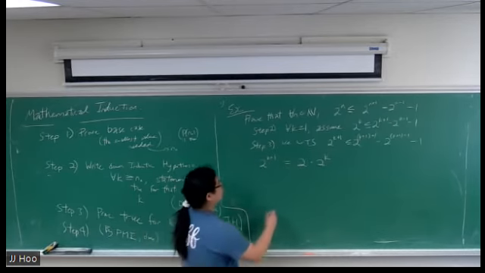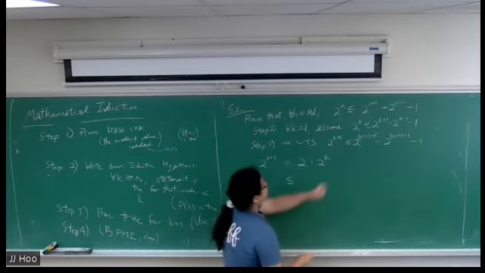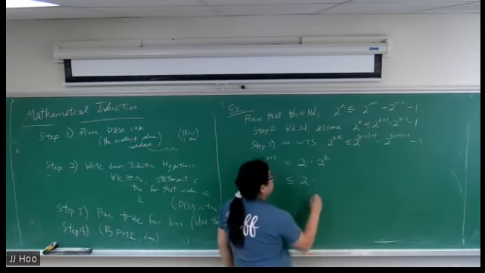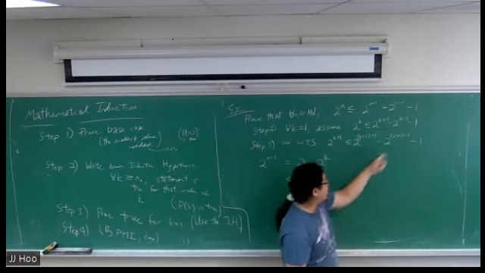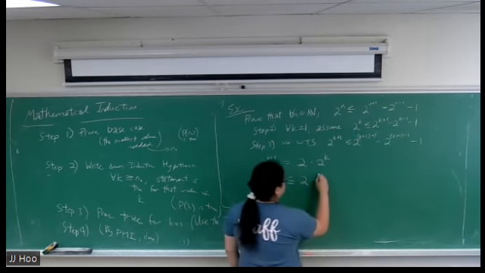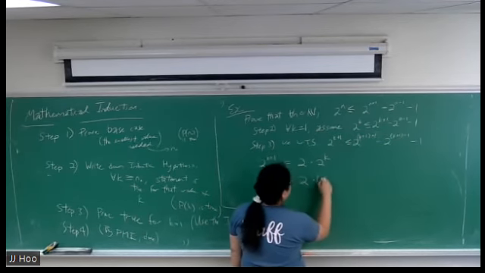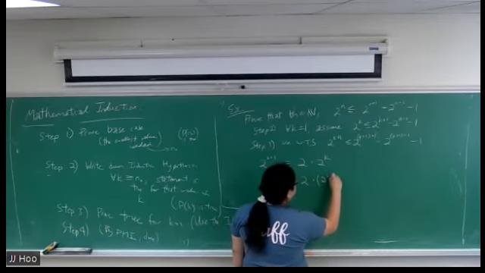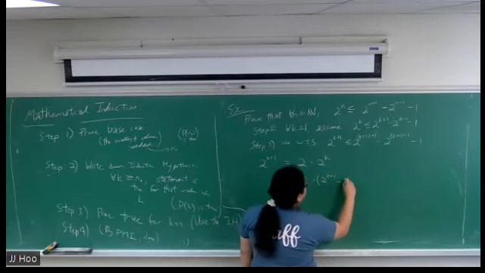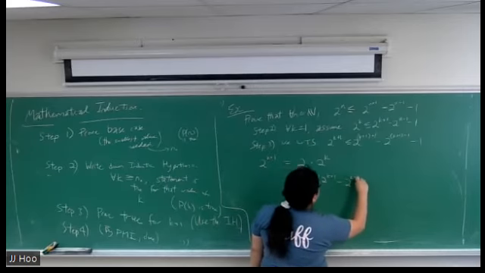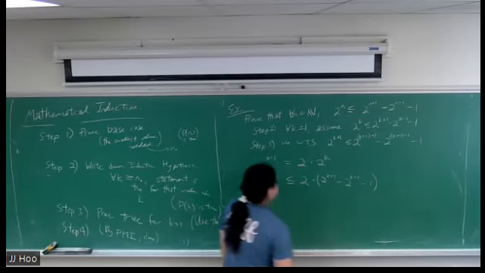Now I can use the induction hypothesis. I'm using this statement. I can keep the 2, but if 2^k is less than this guy, I can put this guy in here. This is less than 2 times (2^(k+1) minus 2^(k-1) minus 1).